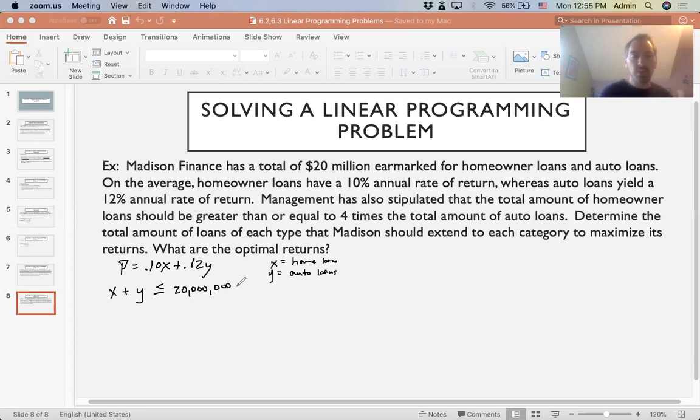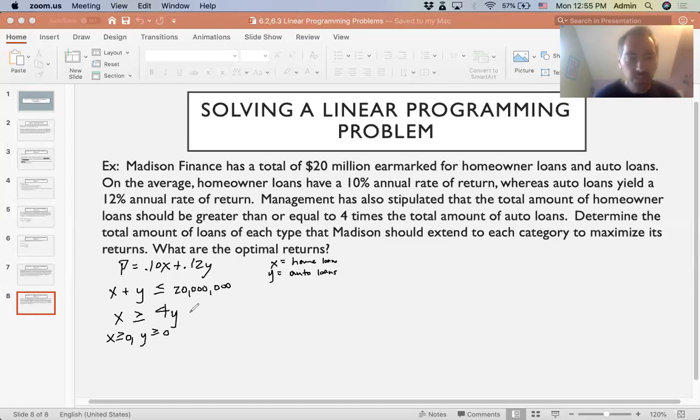Now we're going to need at least two restrictions. So that's the first one, the total amount of money. Our second restriction is going to come from the management. We're stipulating that the total amount of homeowner loans, so that's X, should be greater than or equal to 4 times the total amount of auto loans. And of course, we still have the restriction that X and Y must be greater than or equal to 0.